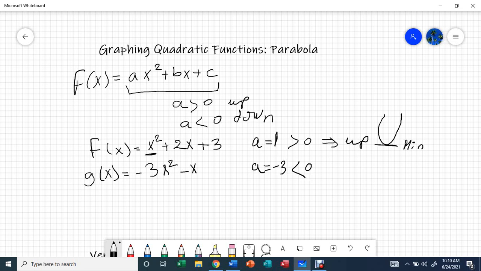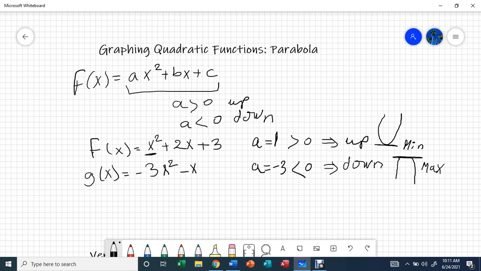So the parabola will open down, like this. And if it opens down, the graph has a max. So this point, which is the minimum or the max of the graph, is called the vertex. And we will talk about how to find the vertex using the standard form and using another formula.